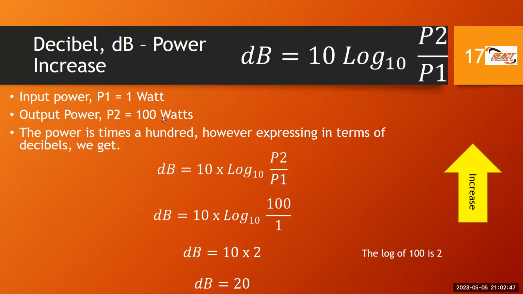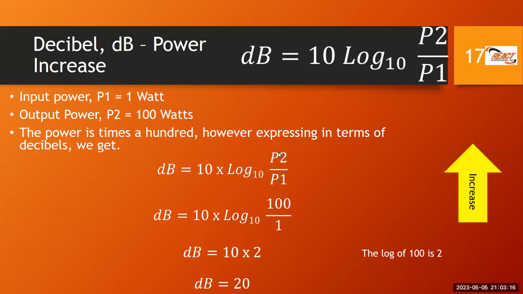But we want to express that in terms of decibel. As hams, we use decibel or dB in our lingo and our language. So we are here to understand, how do we express a 100 times increase as decibels, and how do we get 20 dB? Right, so remember we said the formula for dB or decibel is equal to 10 multiplied by the logarithm of the ratio of the two powers.